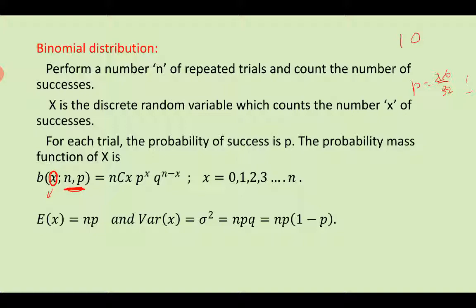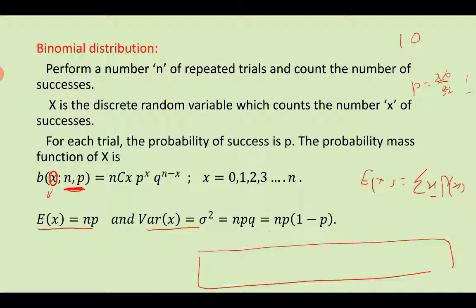And there is a fixed formula for mean and variance. We don't need to integrate or find the summation. We just use this formula because these formulas have been derived by using the formula of expectation of x, summation x p of x. You construct the table and multiply the x value with the probability value, do it for all cases and then sum them up.